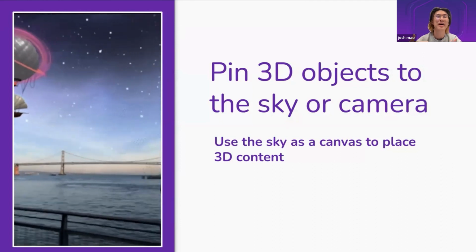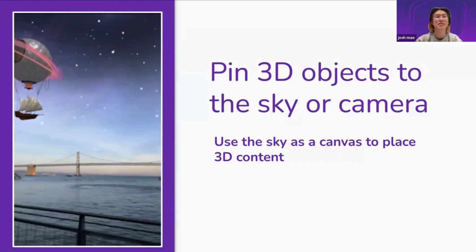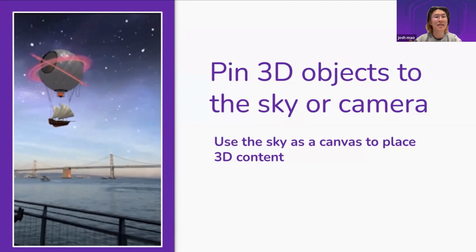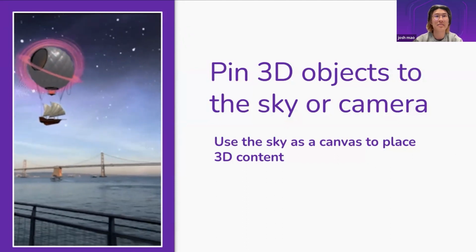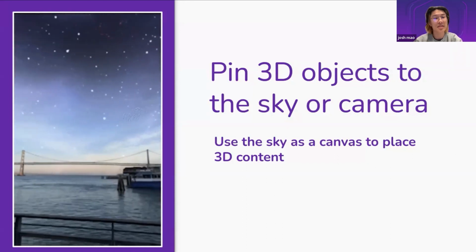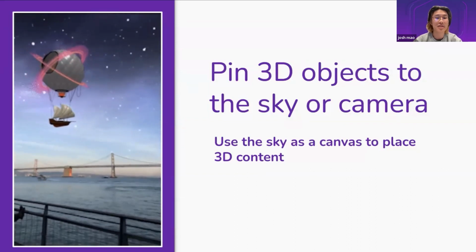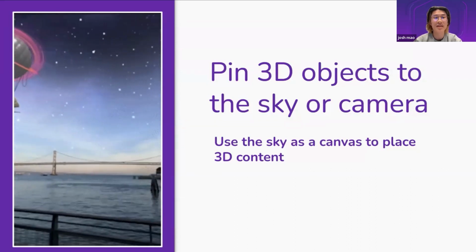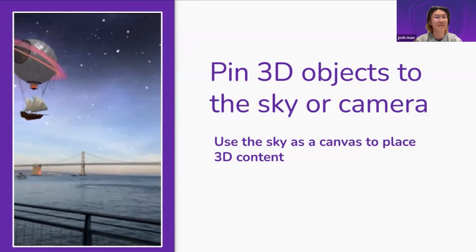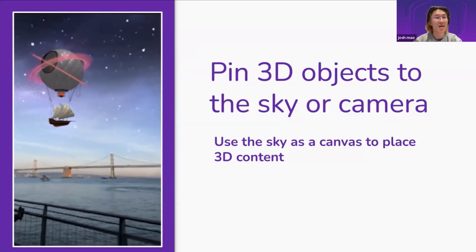So it'll be behind the mountain or behind the buildings, which creates this really cool sense of depth, which hasn't really been possible to create in Aethel experiences before. And this really just allows you to use the sky as a canvas to place whatever 3D content, create whatever 3D scene you want, all in the sky.